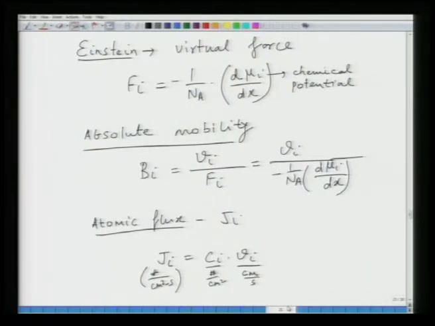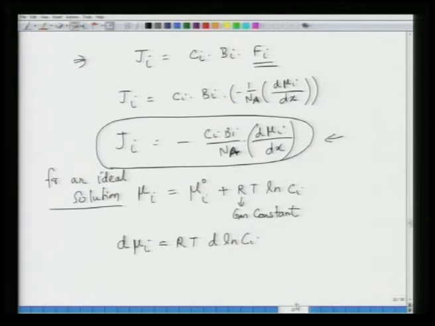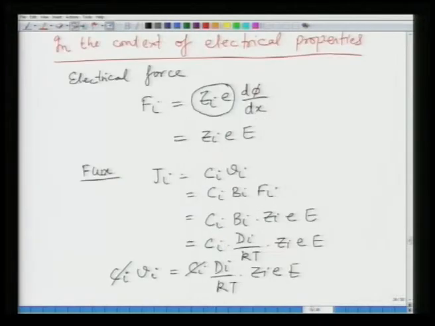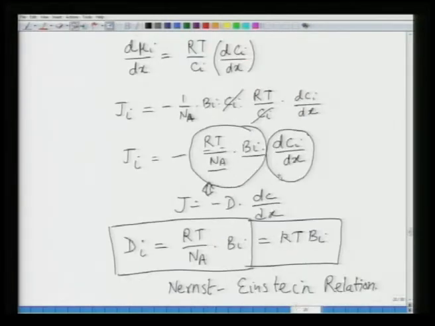From this we can work out the flux, and then relate this flux to the chemical potential gradient, which can then be converted into a concentration gradient. We get a relation with the diffusivity given by Fick's first law, J is equal to minus D dC/dx, and the expression worked out using this mobility model, or Einstein's model, is compared with Fick's first law.